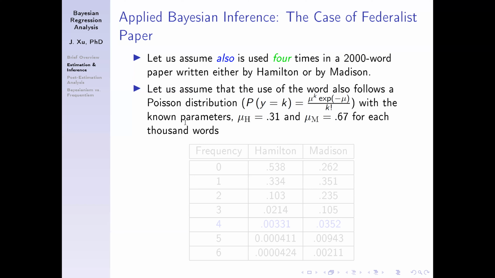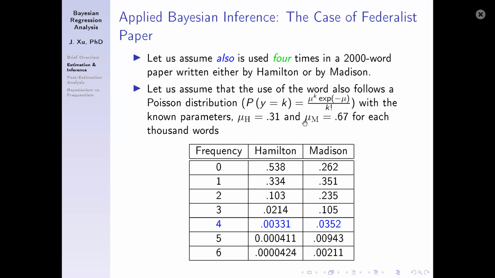And let's say we have known parameters. Let's say the mean for Hamilton is 0.31 for each 1,000 words, and the mean for Madison is 0.67 for each 1,000 words. Okay, and using the formula in the parentheses, we can derive, right?